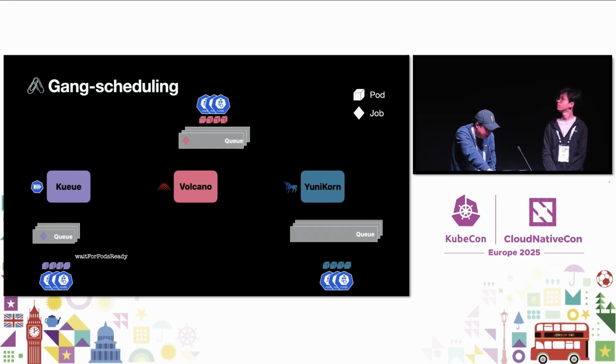So it has a feature called waitForPodsReady as a last resort, based on a timeout to delete the job and retry. So this mechanism is not that ideal. That is why you see in some communities like Kubeflow, they use Kueue plus a particular co-scheduling plugin to achieve better accuracy of the gang scheduling.